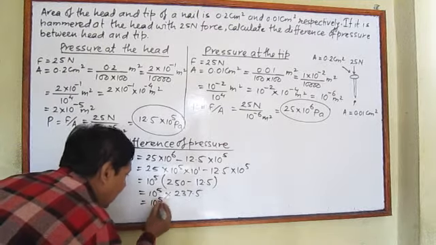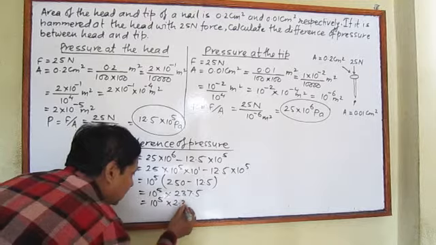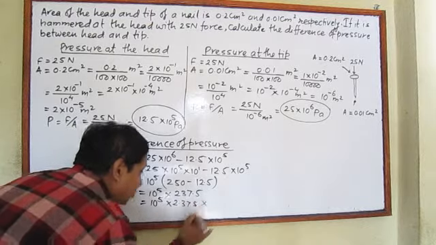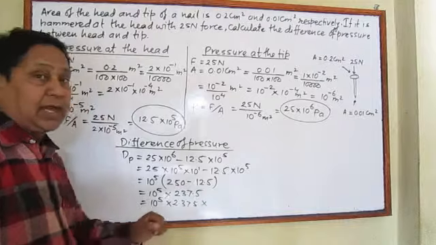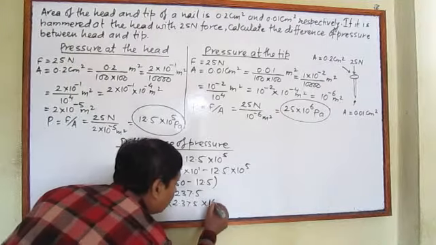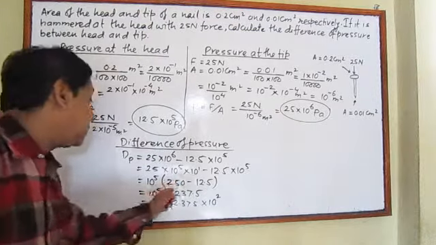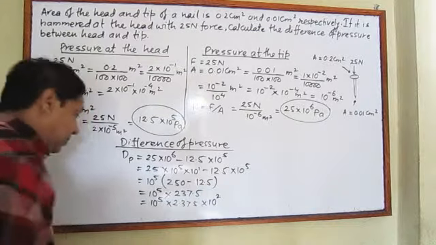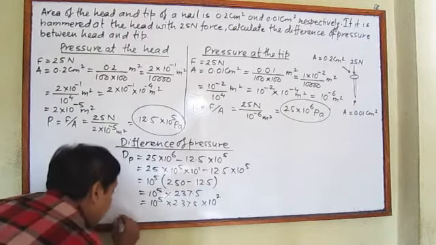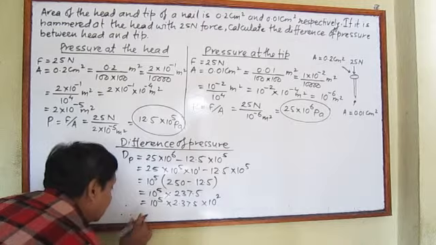10 to the power 5 into 2.375 into 10 to the power 2, because the point is shifted two digits to the left. If it was shifted to the right hand side, it would be 10 to the power minus 2. Now the answer is this.